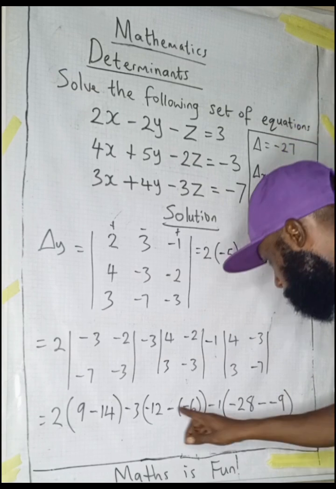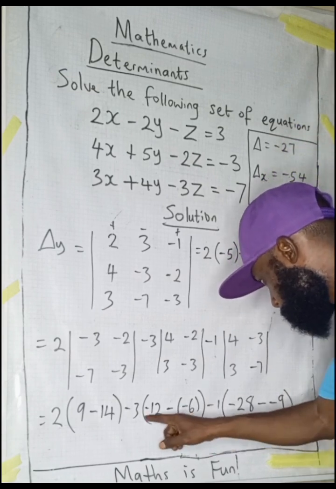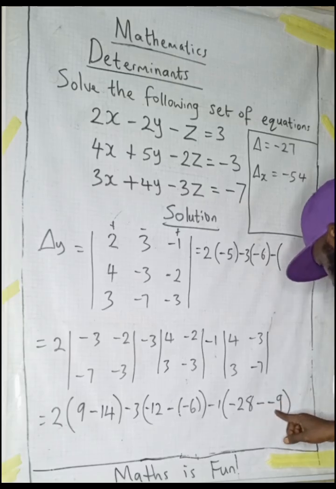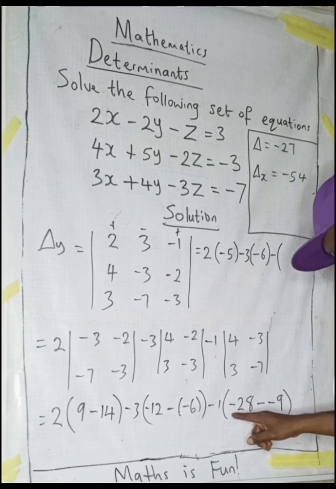We have 6, this plus 6. 6 minus 12 is minus 6, minus this 9 minus 28. 9 minus 28, right?